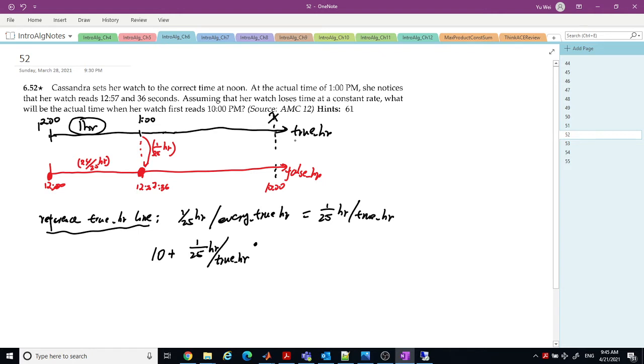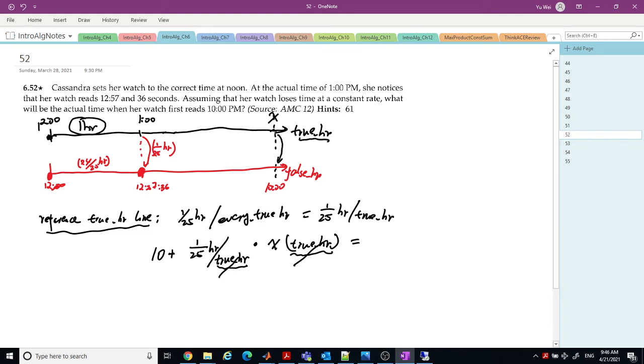Because we are referencing to the true hour timeline, we should multiply by the hours passing on the true hour timeline. This is X times true hour. You can see you divide by the true hour times the true hour, so these two cancel. Then this is the 10 o'clock.